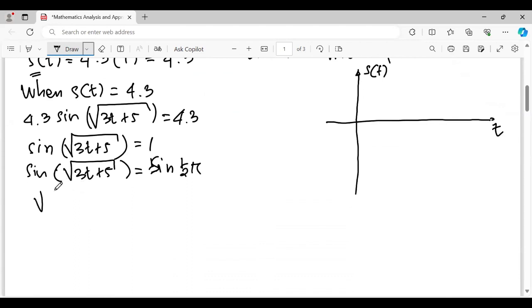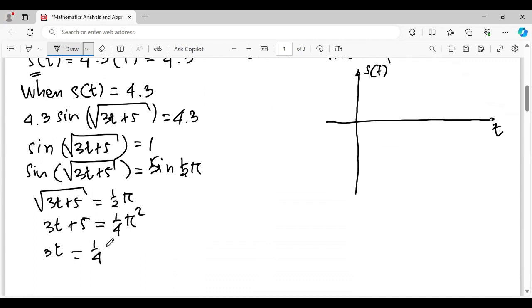So square root of 3t plus 5 equals half pi, or 3t plus 5 equals 1/4 pi squared, or 3t equals 1/4 pi squared minus 5.